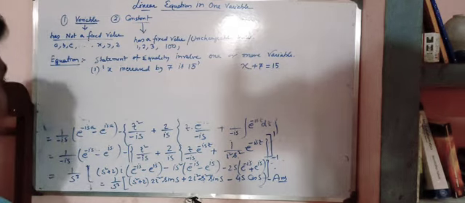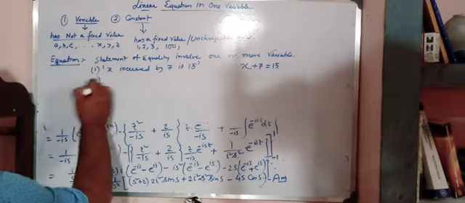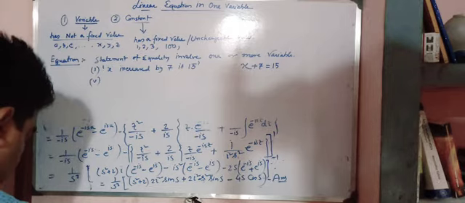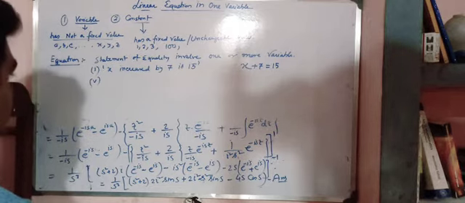Next, one more statement I am taking. The statement is: the sum of the number x and twice the number y is 12.